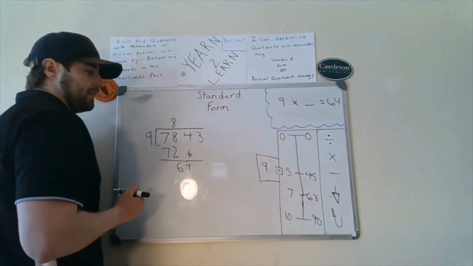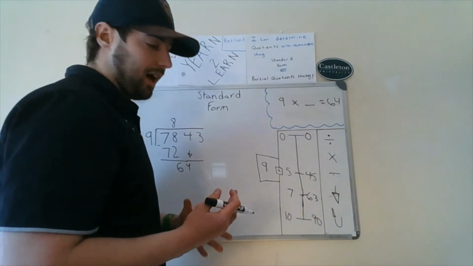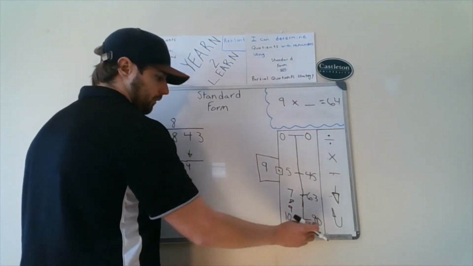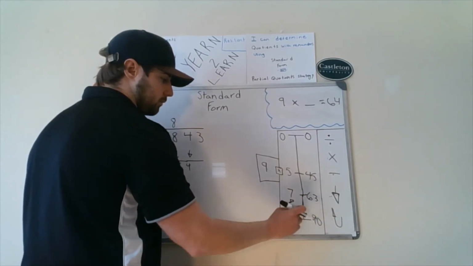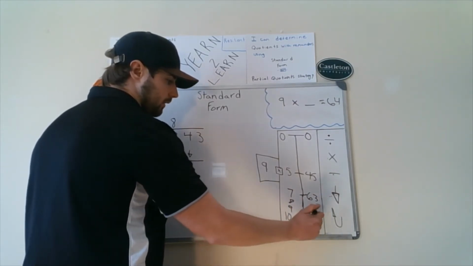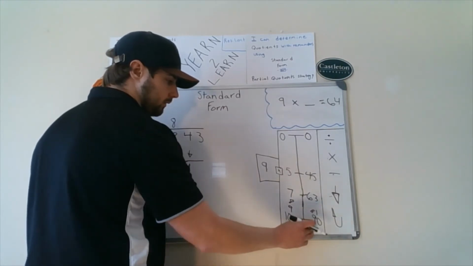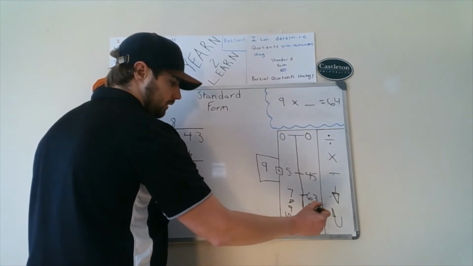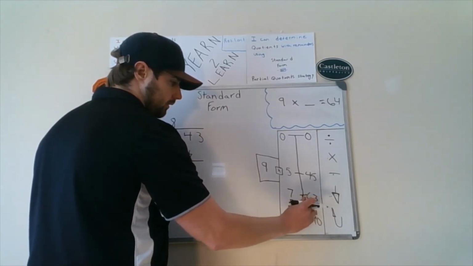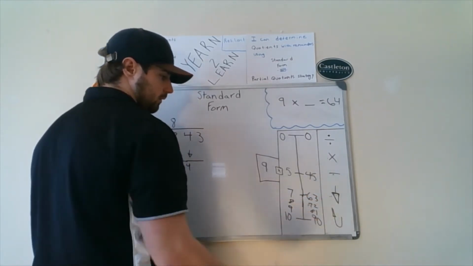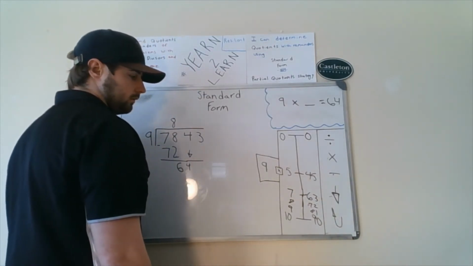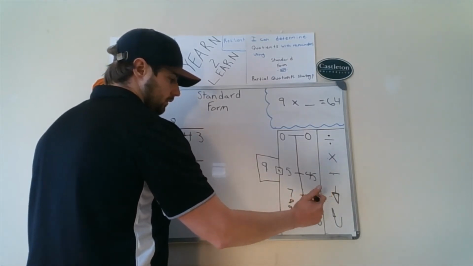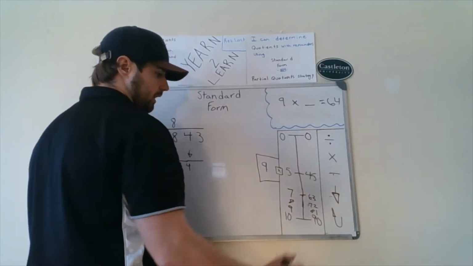63. Now, if I didn't have something to help me, I could have subtracted 9 from my 90, just like last time. Subtract 2 groups of 9. 81. 72. 63.